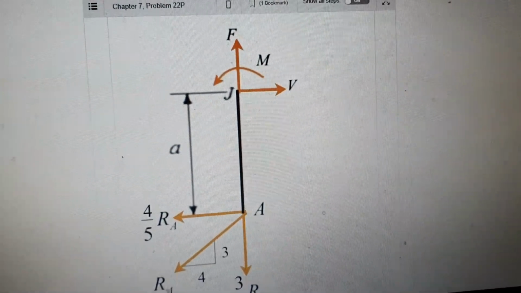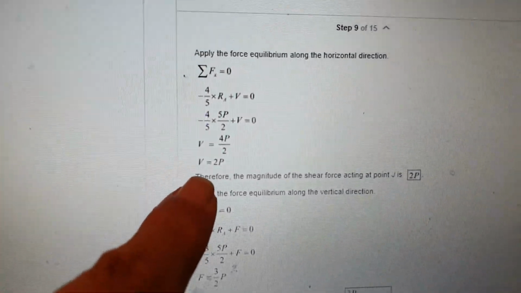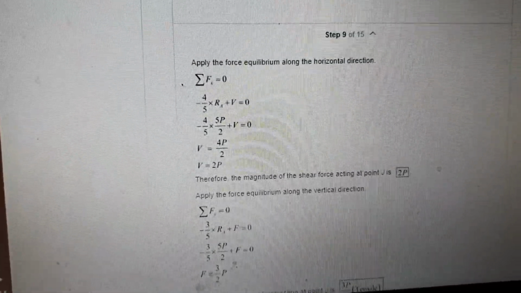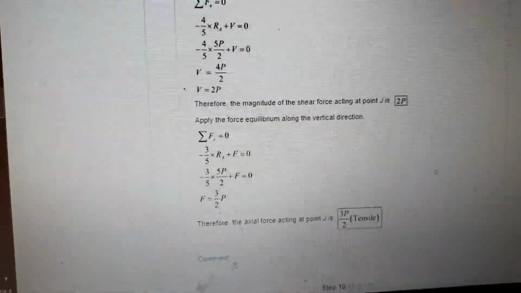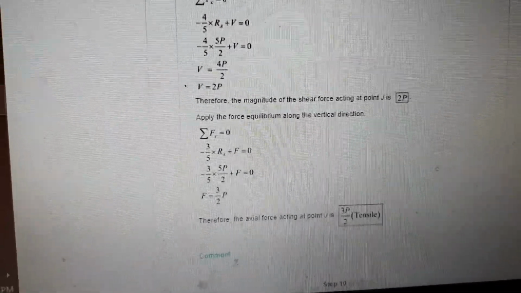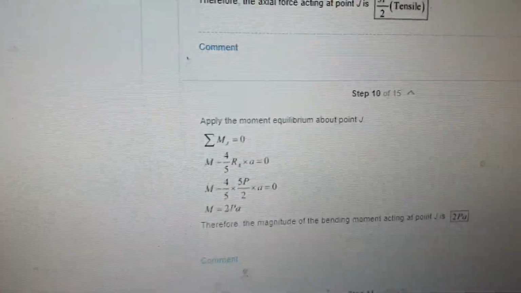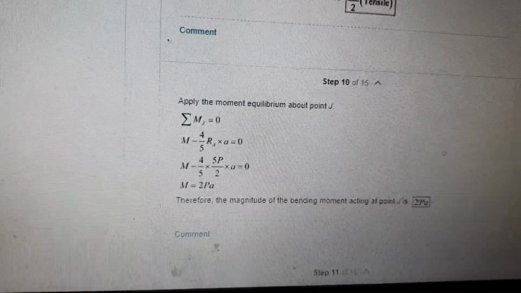The shear is equal to P, this is the shear force, and summation of forces at Y, you could find the force F, which is the tensile or the axial force, 3 over 2 P, which is the tensile pulling, and then summation of moment at G, the moment is equal to PA, and that's the acting moment.